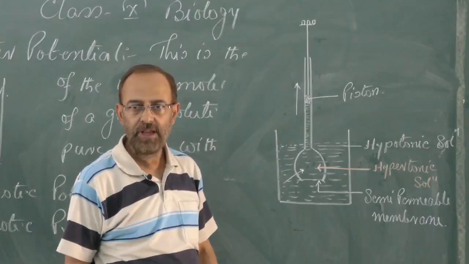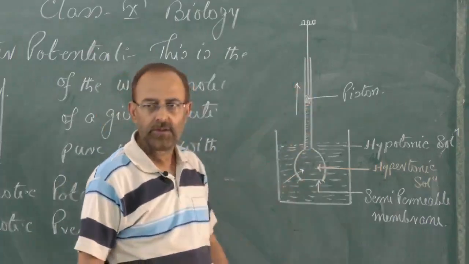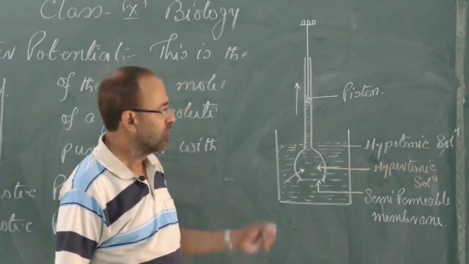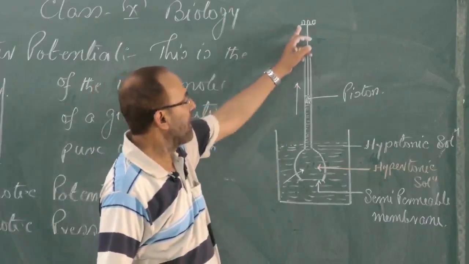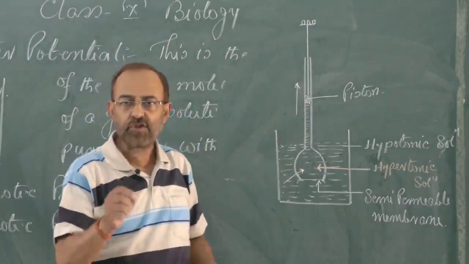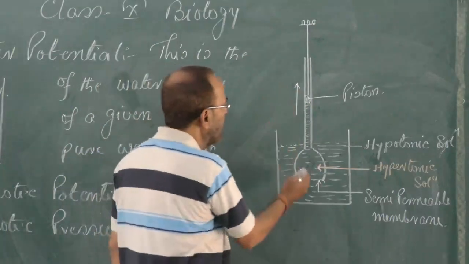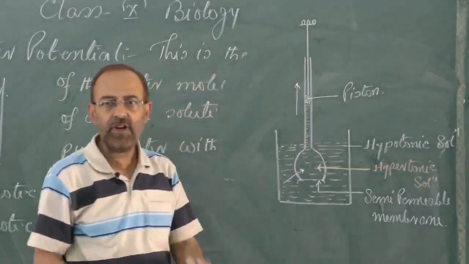Why? Due to osmotic pressure. The osmotic pressure is pushing the piston in the upward direction. So, when we slowly increase the weight on the platform of this piston, we will reach a state when we find that the upward movement of the piston will stop.